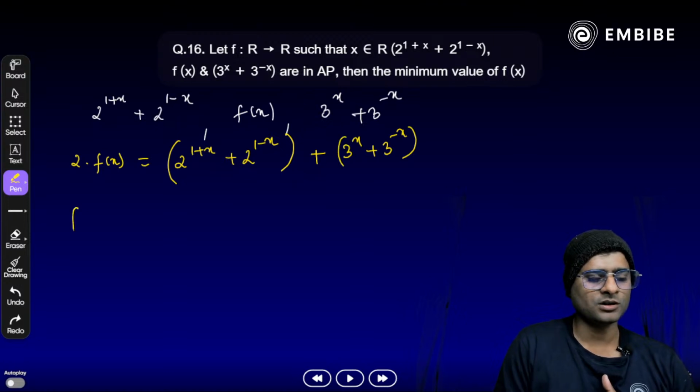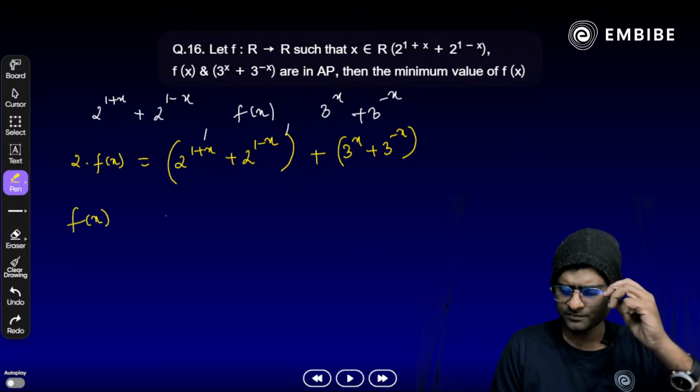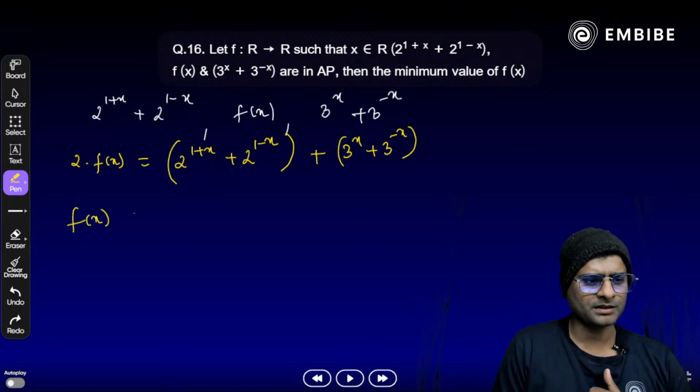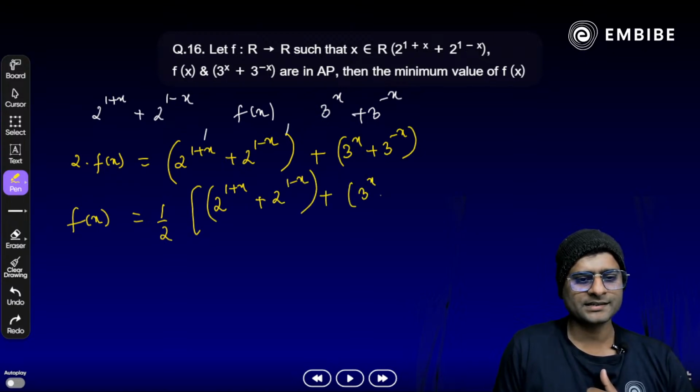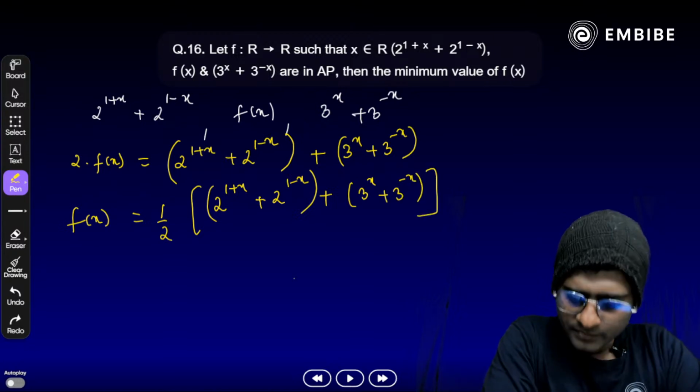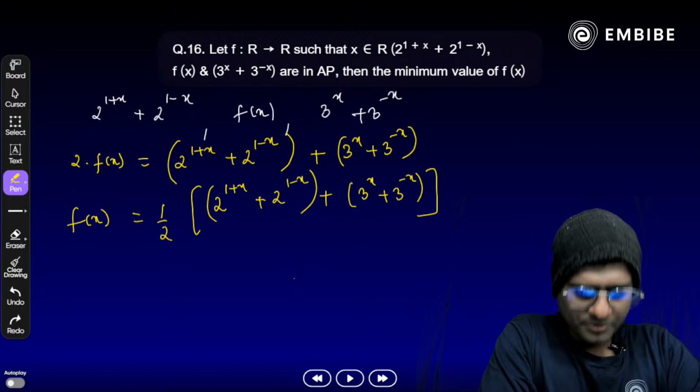Or f(x) is equal to half of the minimum value of 2 raised to power 1 plus x added to 2 raised to power 1 minus x, plus 3 raised to power x added to 3 raised to power minus x, bracket close. We will use the property.